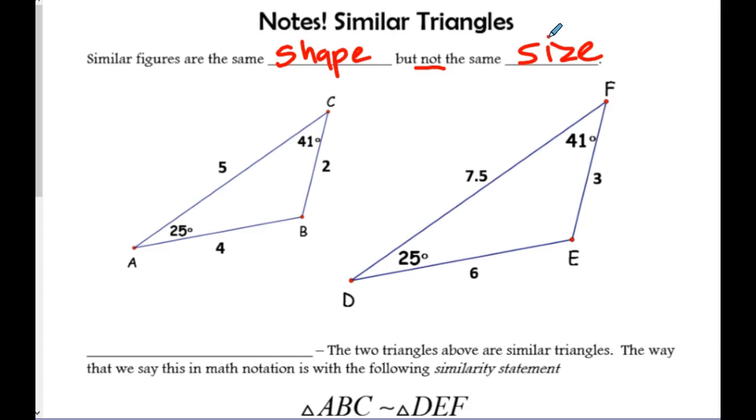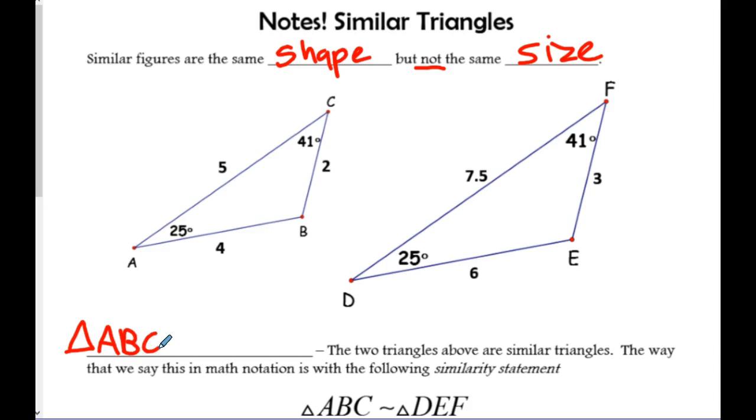So let's look at these pictures here. Blank, the two triangles above are similar triangles. The way that we say this in math notation is with the following similarity statement. Okay, so we're going to make a similarity statement. And we're going to say triangle ABC is similar.